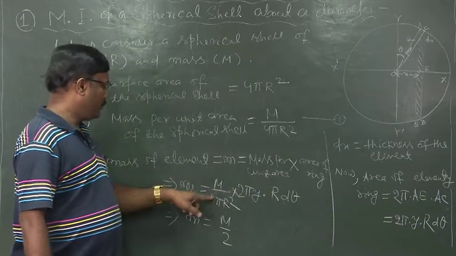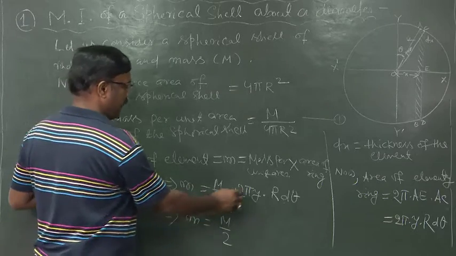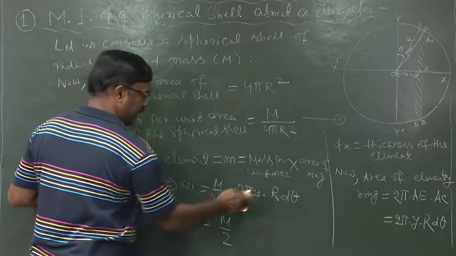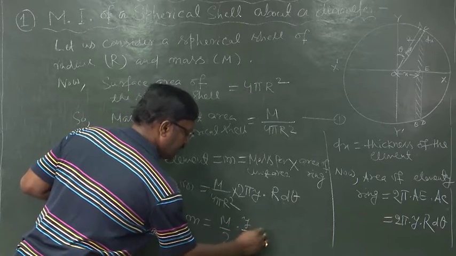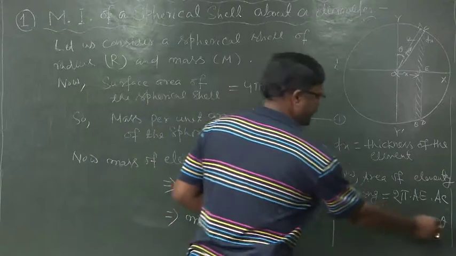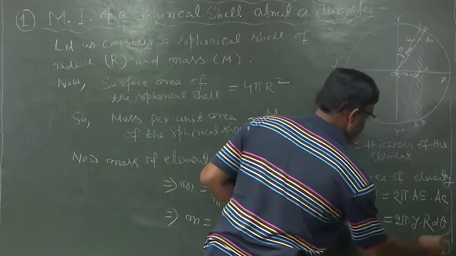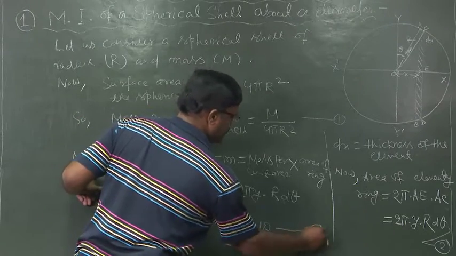Now 2 and 4 get cancelled, so it becomes m by 2, pi gets cancelled and one r gets cancelled, into y by r into d theta. Let this area of the ring be equation 2 and this mass be equation 3.